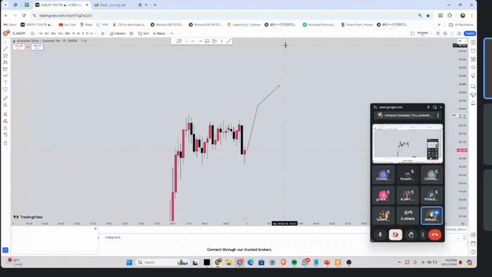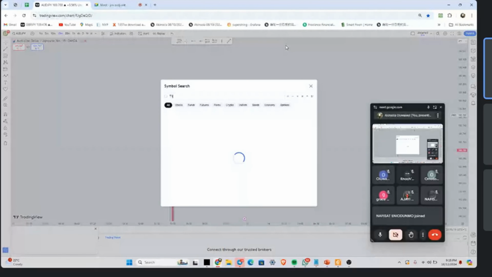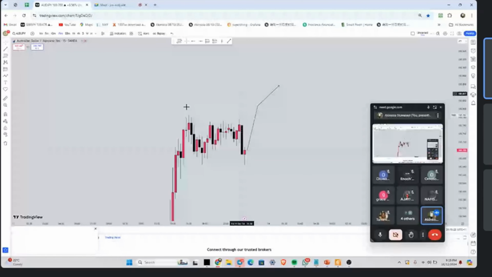Maybe you have an exam and you don't have the time to sit on the screen for so long. Instead, you set your sell limit and you drop your phone. Once the market reaches there, your broker will kick you in for a sale. You get that now?